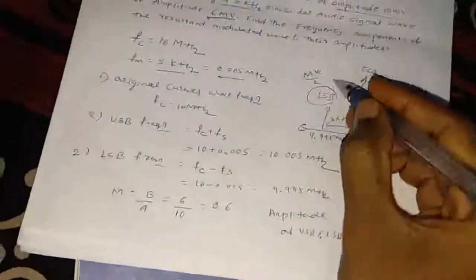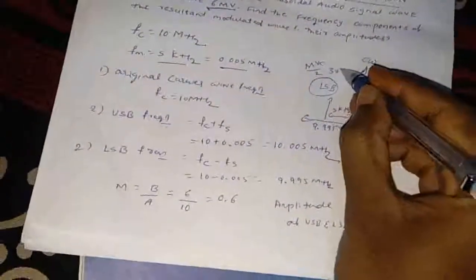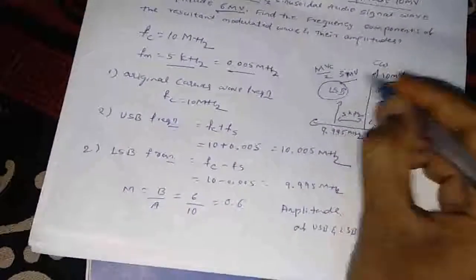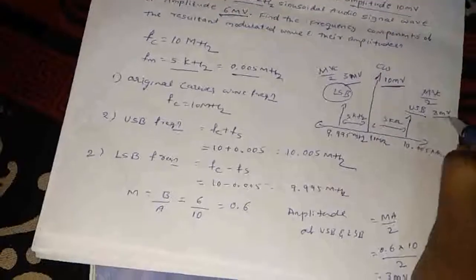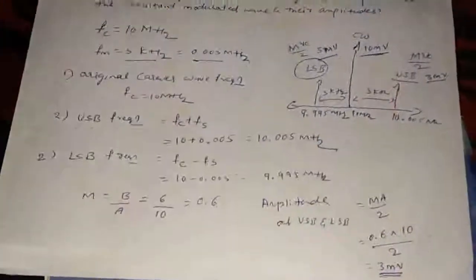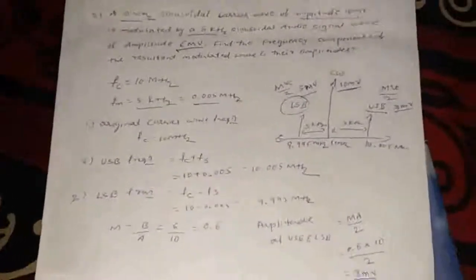The LSB amplitude is 3 millivolt, and USB is also 3 millivolt. This is the resultant modulated wave and their amplitudes. So easily we can find the amplitudes of the modulated carrier wave. Okay, this is the second problem.